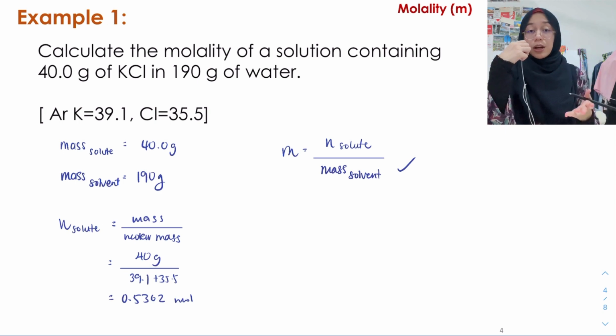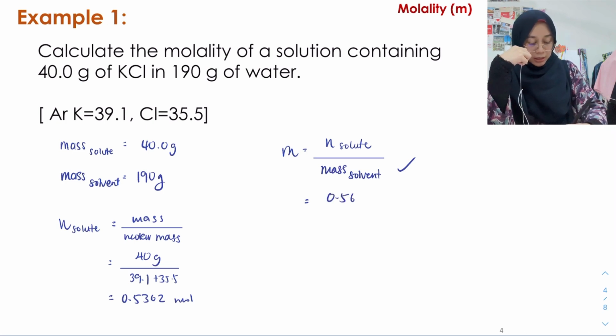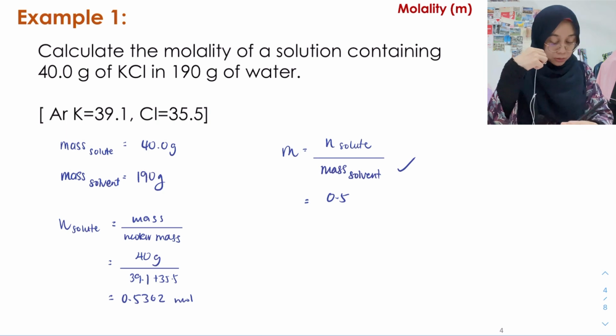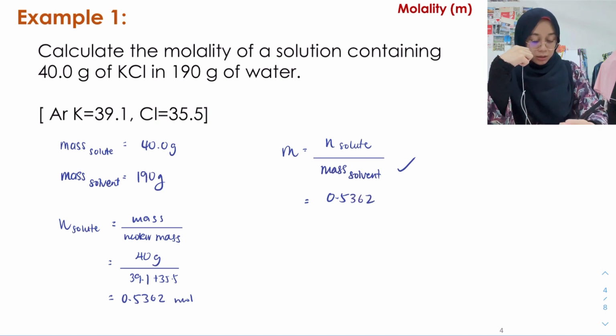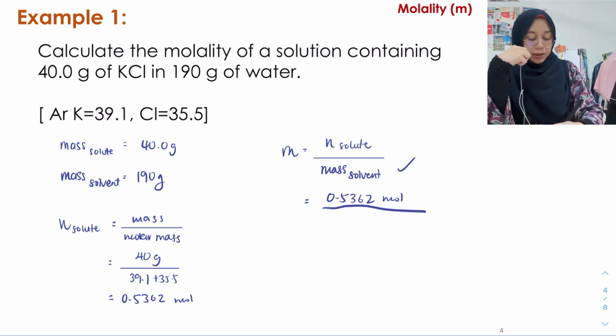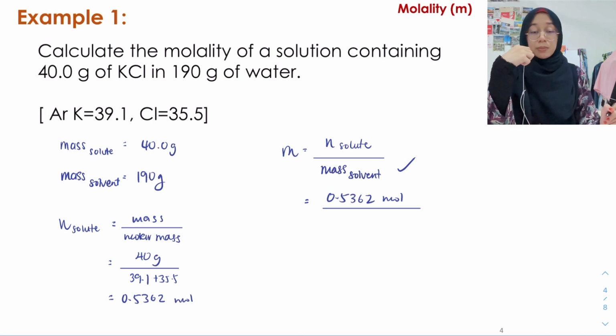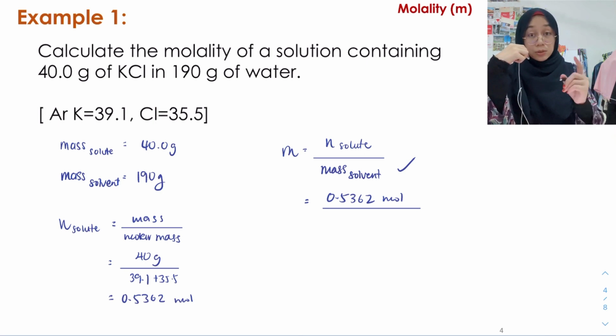Since you have the mole of solute already, now you can solve your molality. But given to you our mass of solvent is in gram, so don't forget to convert it into kilogram. So you can get 1.9 kilogram here.